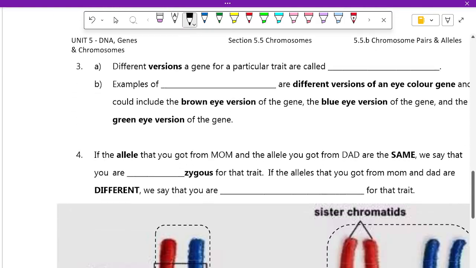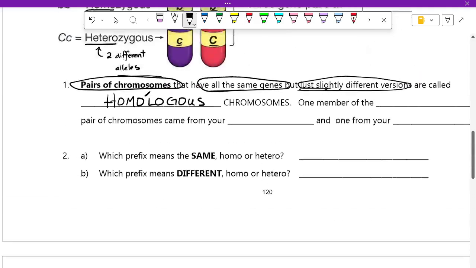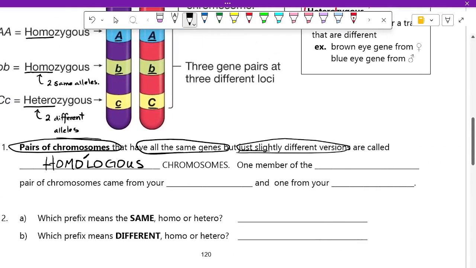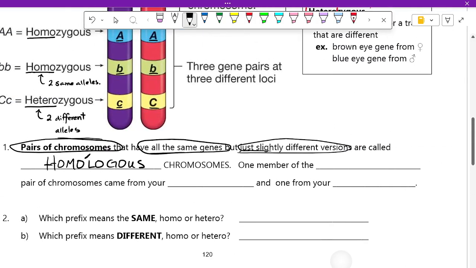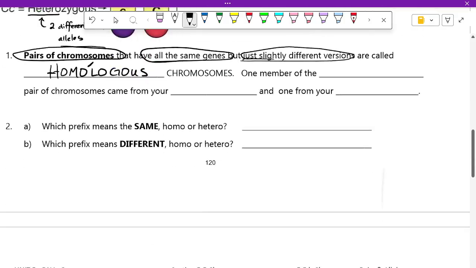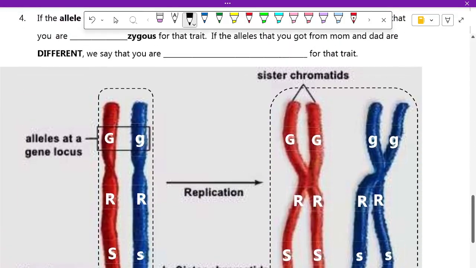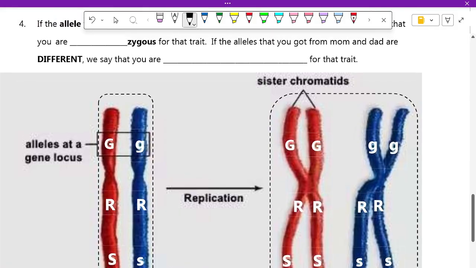And you know what? I'm going to give you guys oh, no, I'm not. That's okay. Homologous. Homologous. Homologous. We're going to skip past this, and we're going to go to this next picture. I'm going to let you do those ones on your own, so you can think about it a little bit.